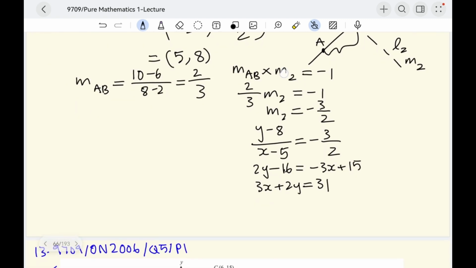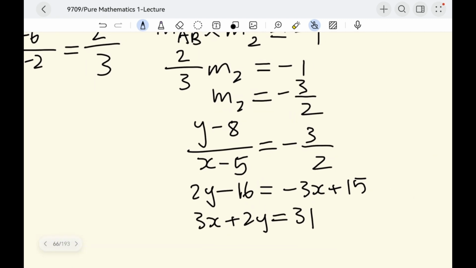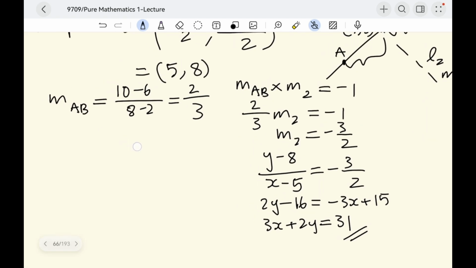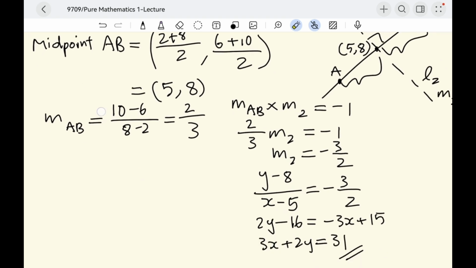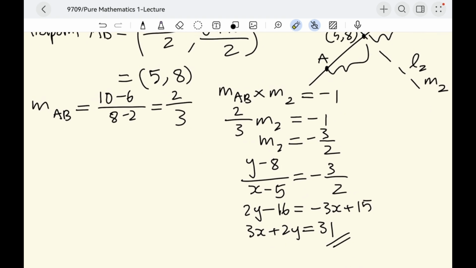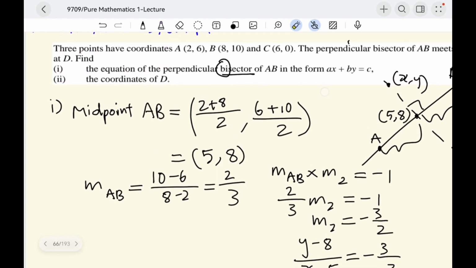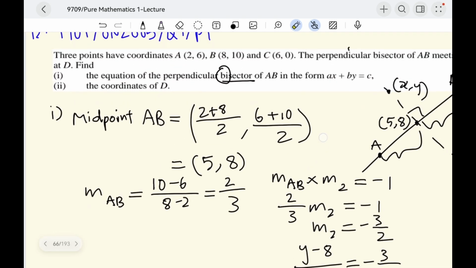So let me check and see. Yeah, that's correct. The final answer of the equation of the perpendicular bisector of AB should be 3x plus 2y equals 31. Okay, that's all for this question.